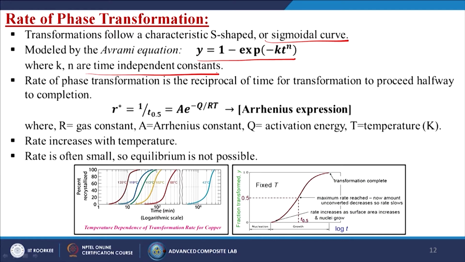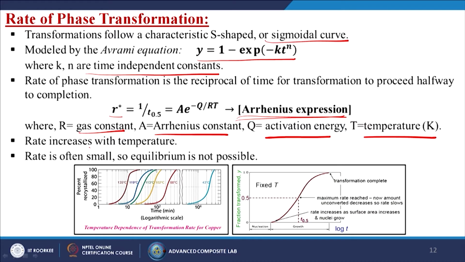Rate of phase transformation is the reciprocal of the time for the transformation to proceed halfway to completion, which is r prime equal to 1 by t 0.5 equal to A e to the power minus Q by R T, that is known as the Arrhenius expression, where R is the gas constant, A is the Arrhenius constant, Q is the activation energy, and T is the absolute temperature, that is in Kelvin.